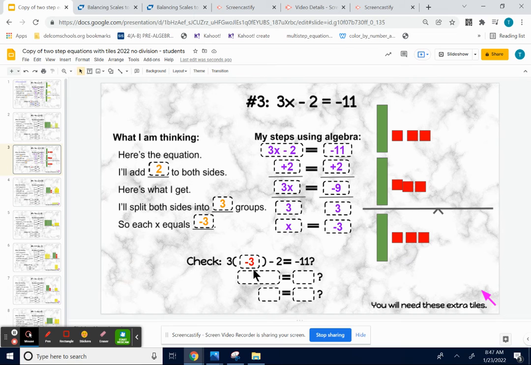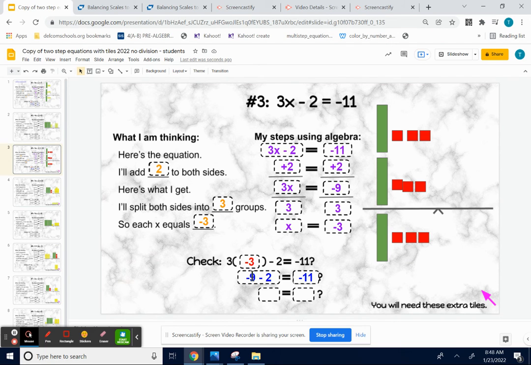I'm going to multiply before I add. 3 times negative 3, the signs are different, so it's negative 9. So I have negative 9 minus 2 equals negative 11. There's one of those text boxes. You may have to drag a little bit. Mr. White goofed up a little bit on the bigger numbers.